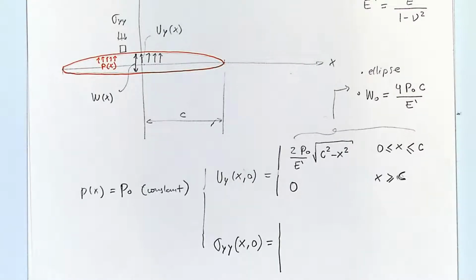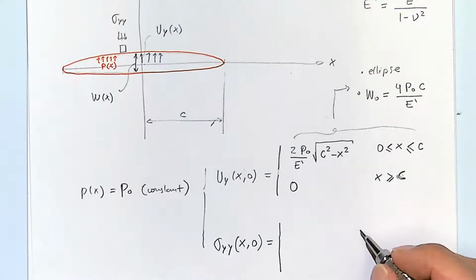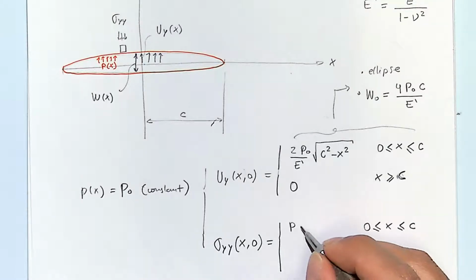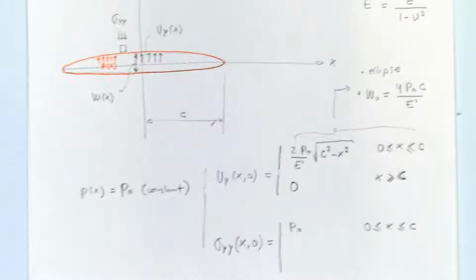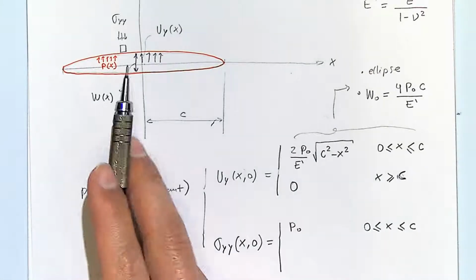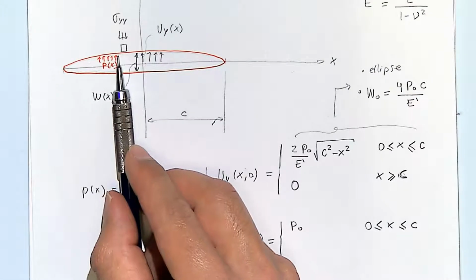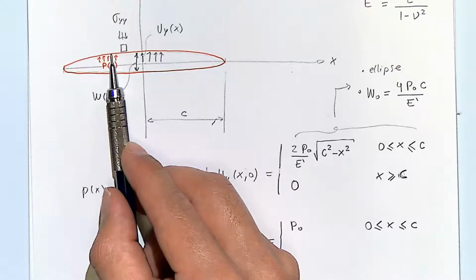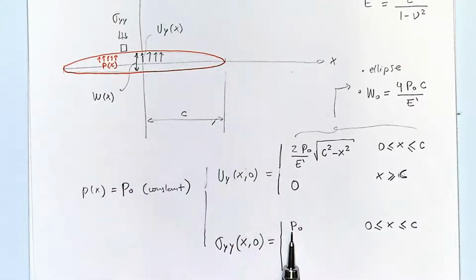What is going to be the stress sigma yy at x less than or equal to C? Px, right? Everyone agrees with that? Which in this case, because it's a constant pressure, is just going to be P0. So just because of the reaction, if you apply a pressure P on the wall, the reaction has to be P. So everywhere inside the fracture, the pressure is just going to be P0.